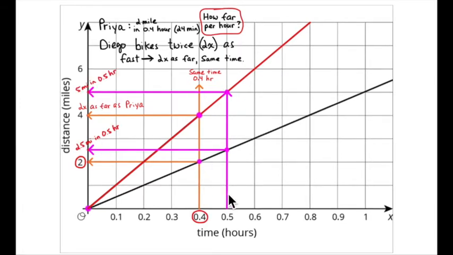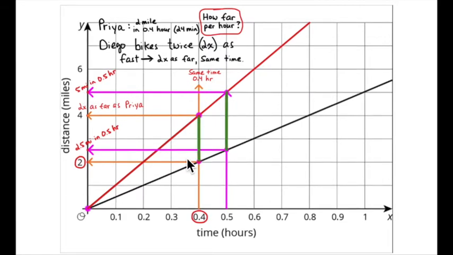So it's twice the distance. Priya goes 2.5 miles in a half an hour. Diego bikes 5 miles in that same half an hour. And so if you look at Priya's graph compared to Diego's graph, Diego is always going to be 2 times farther.